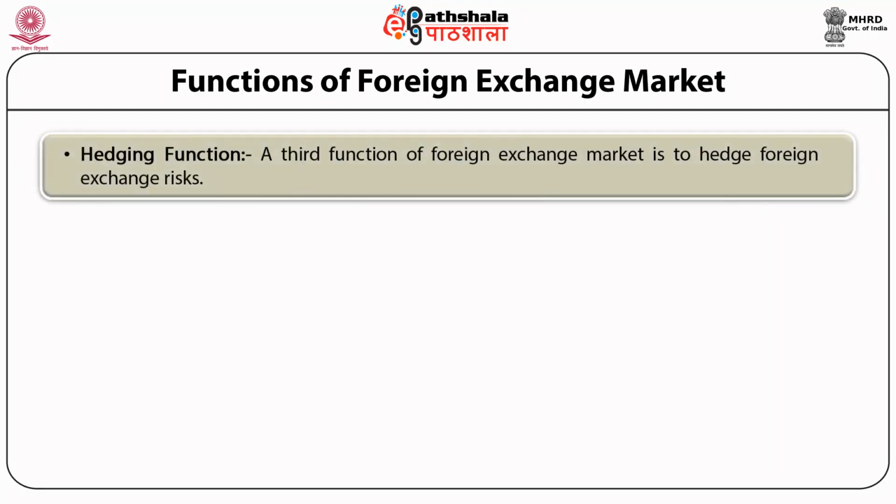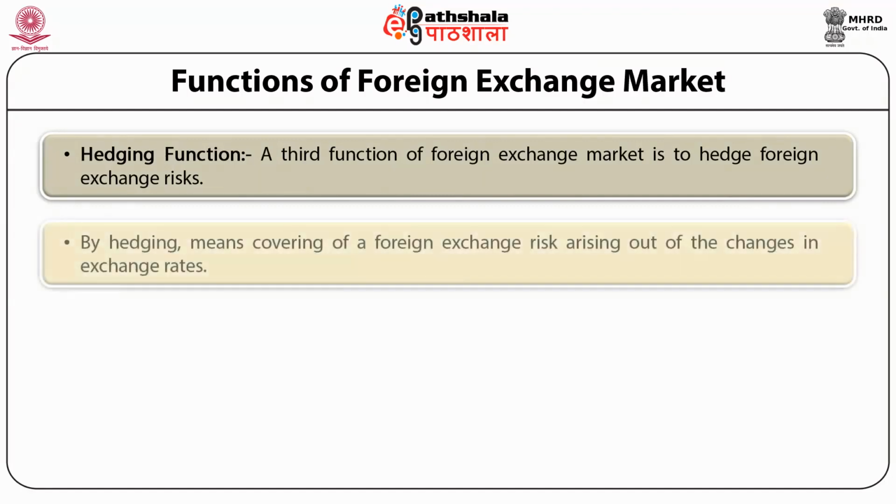A third function of the exchange market is to hedge the foreign exchange risks. By hedging, we mean covering of foreign exchange risk arising out of the changes in the exchange rates. Under this function, the foreign exchange market tries to protect the interest of the persons dealing in the market from any unforeseen changes in the exchange rate.